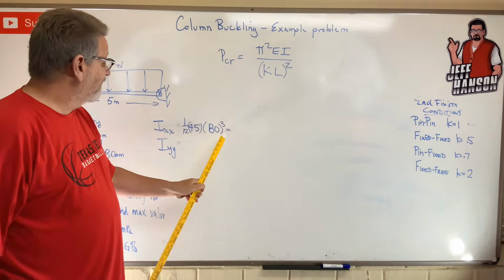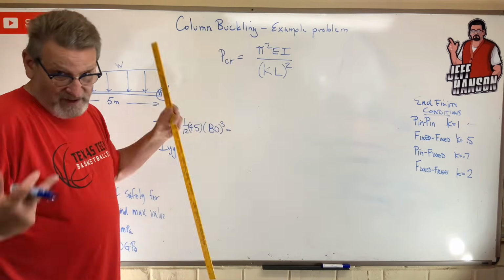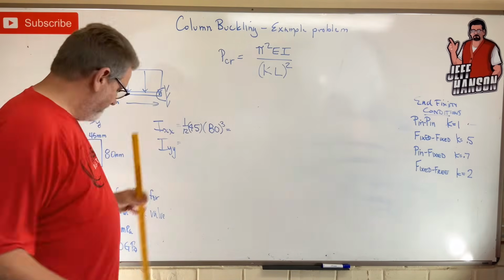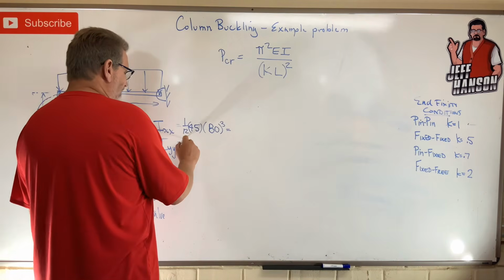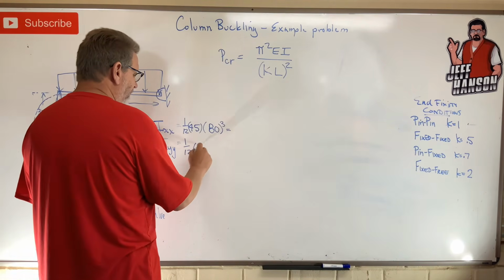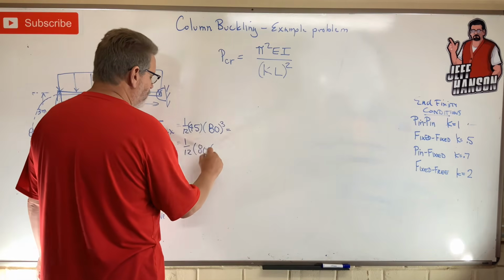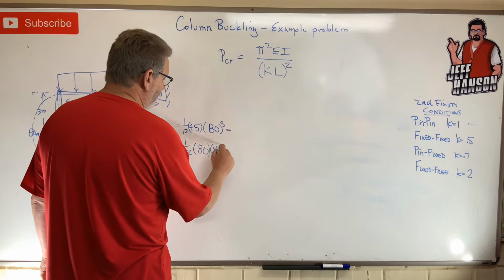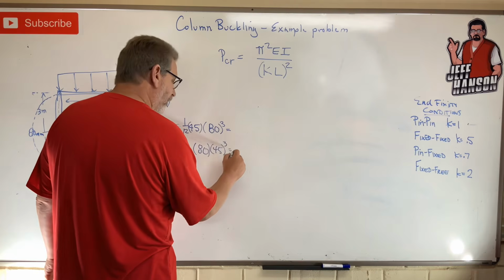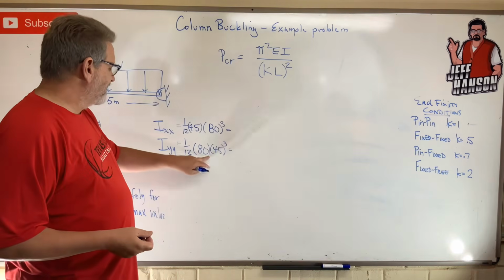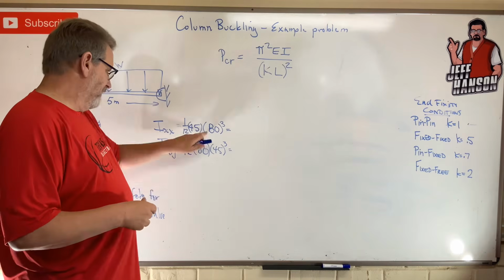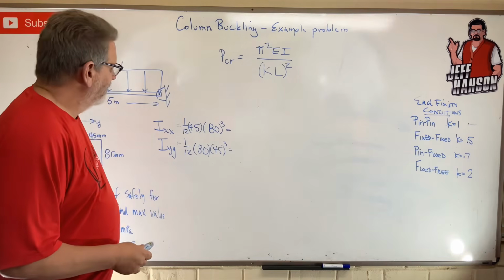Duh. That's going to make I the biggest. That makes him strong, muy fuerte, no? Okay. And so the weak axis of bending is going to be 1/12. There's the 80. And look who's cubed now. Well, the 45, right? That's going to be a smaller I. That kind of makes sense, doesn't it? Strong axis, weak axis. Big number, smaller number, okay?